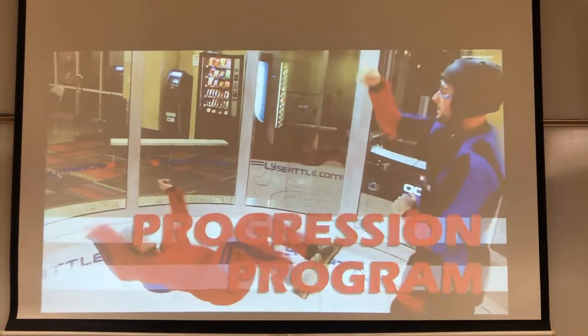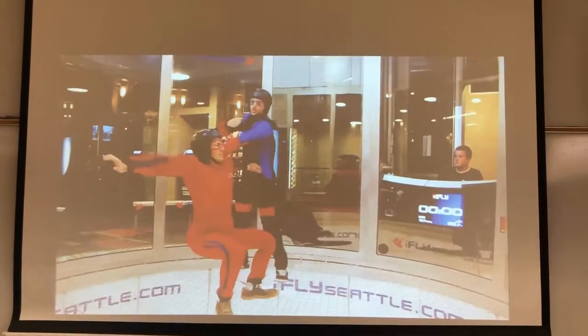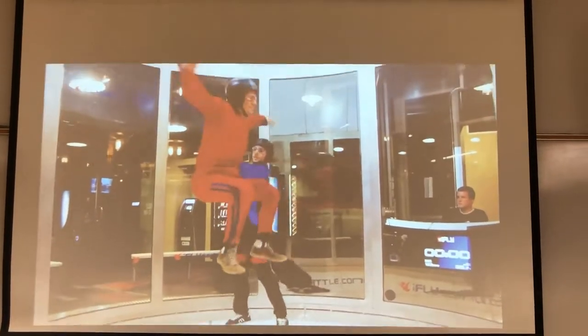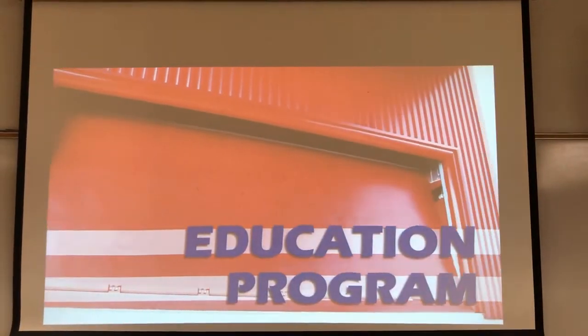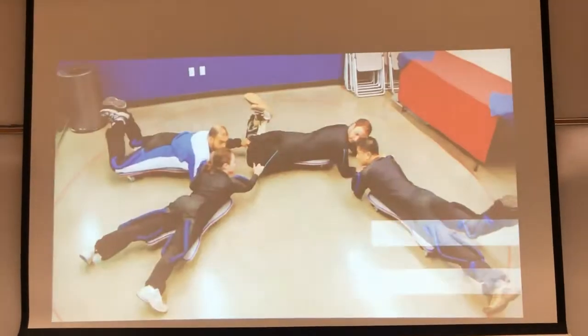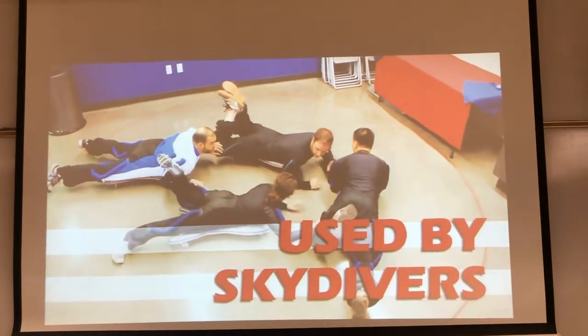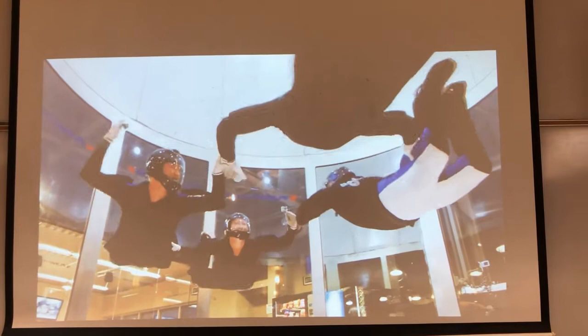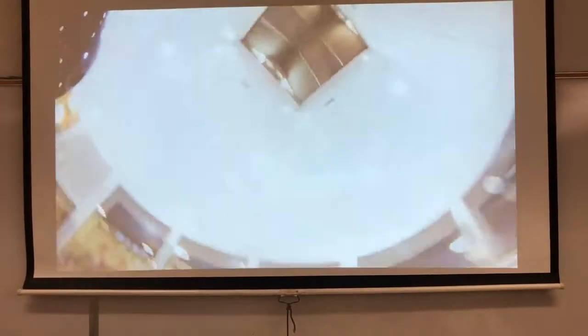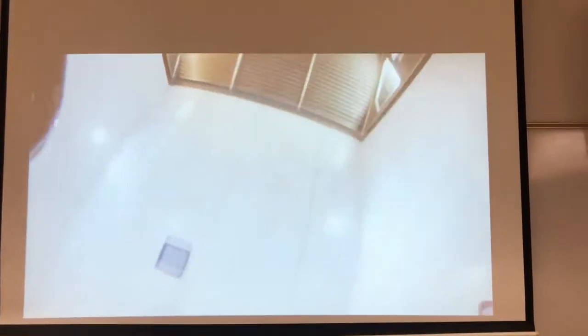What's going on here? They're in like a wind tunnel. Education. See, there's the bottom and there's the top of the wind tunnel. How come they don't fall? Because the wind is blowing up in that direction.